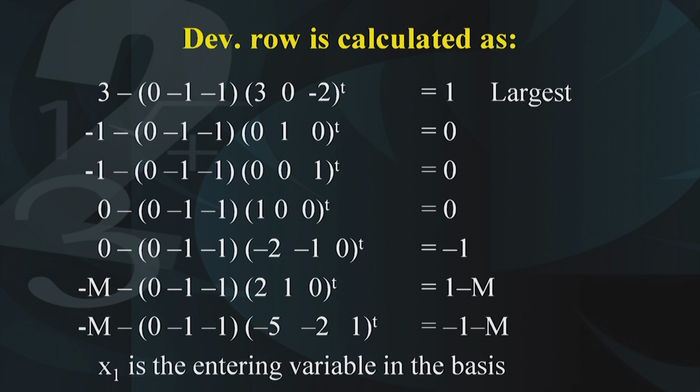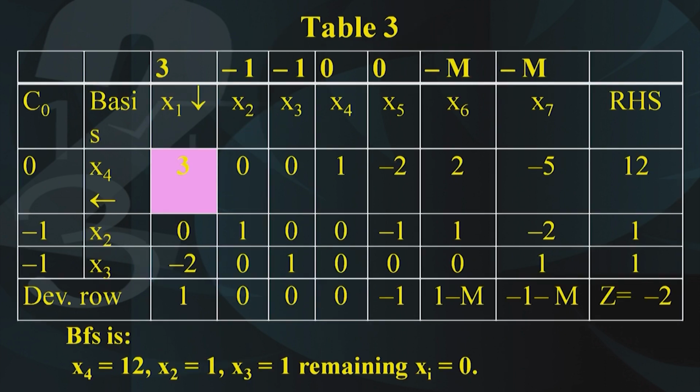Next one is -m minus 0 minus 1 minus 1 multiplied by 2 1 and 0, which comes out to be 1 minus m, and the last one is -m minus 0 minus 1 minus 1 multiplied by -5 minus 2 1, which comes out to be -1 minus m, and these entries we will record in the last row, that is the deviation row of table number 3.